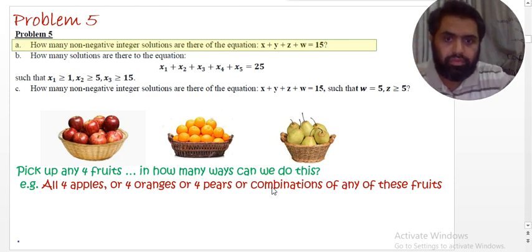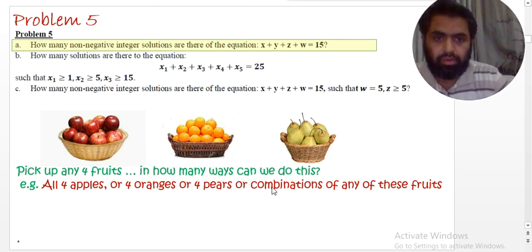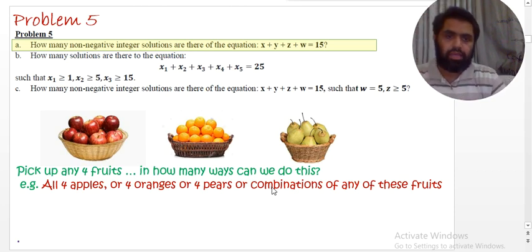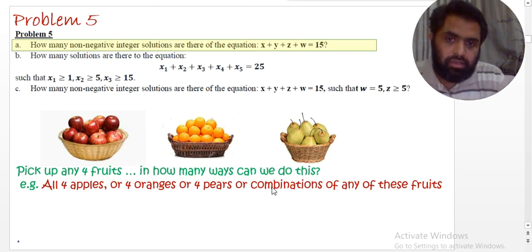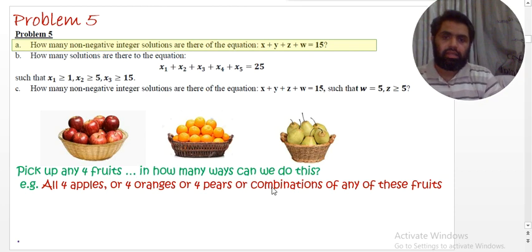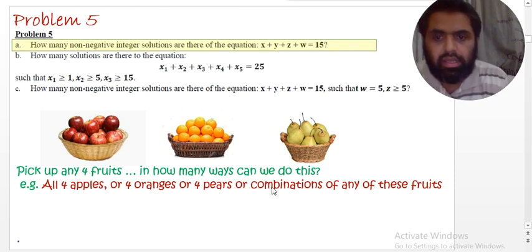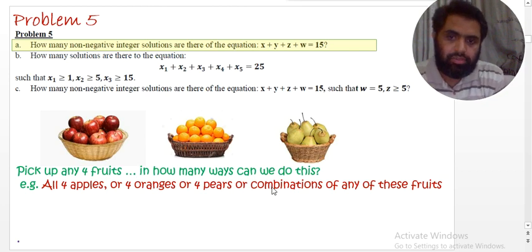We cannot choose negative apples or negative oranges, but we can choose 0 apples, meaning we don't choose apples at all, or 0 pears. But the total fruits that we pick, that group, that set, should be equal to 4. The size of the set should be equal to 4.